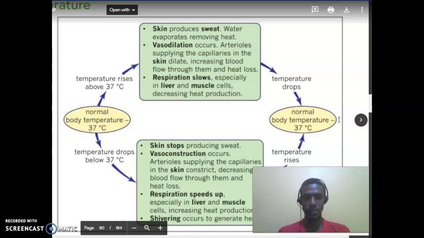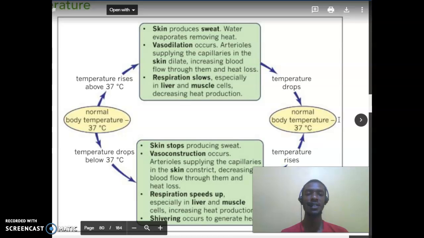Now, the normal body temperature is 37 degrees Celsius, but this is not always the experience of an individual. Several things can cause the body temperature to change slightly. It will not be by a lot because the body tries to maintain the regular body temperature.